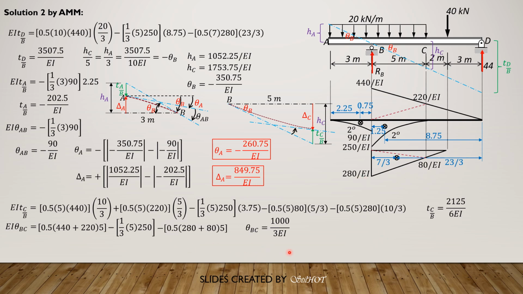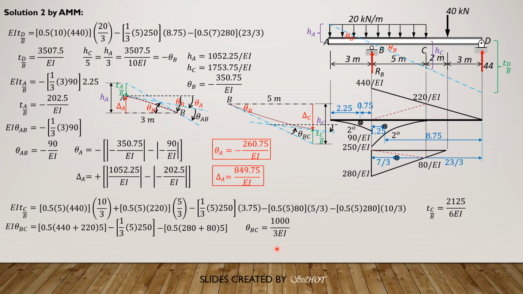So computing, theta BC is 1000 over 3 EI, or 333.3. So because this is positive, from the tangent at B to the tangent at C, the rotation should be counterclockwise.